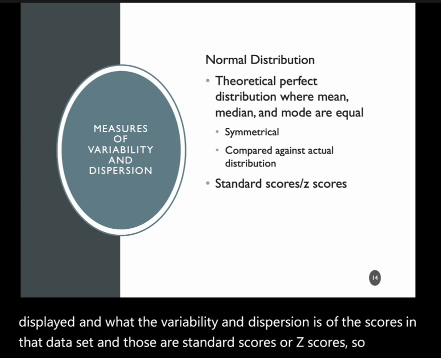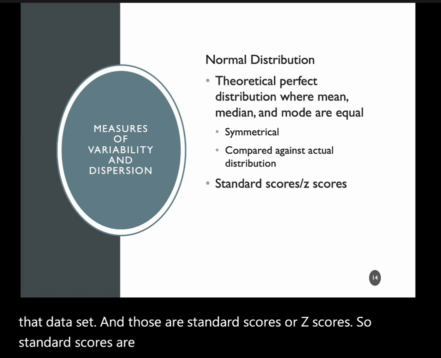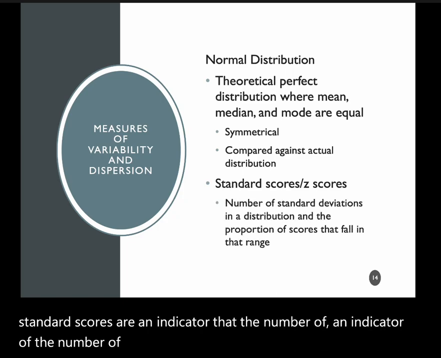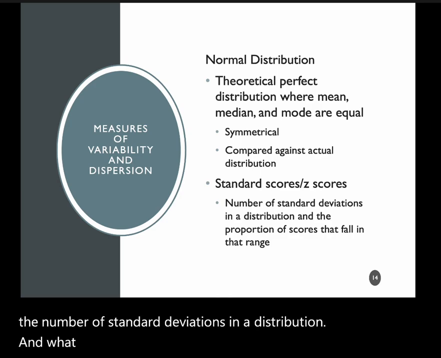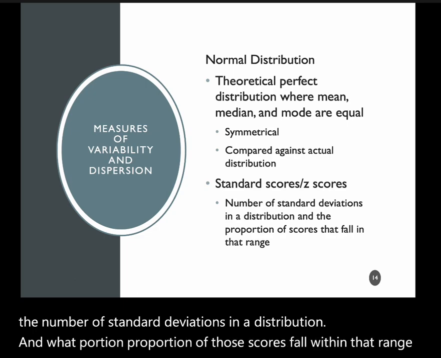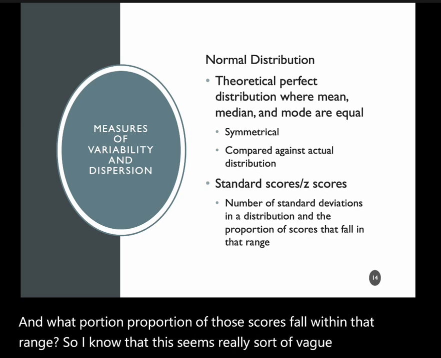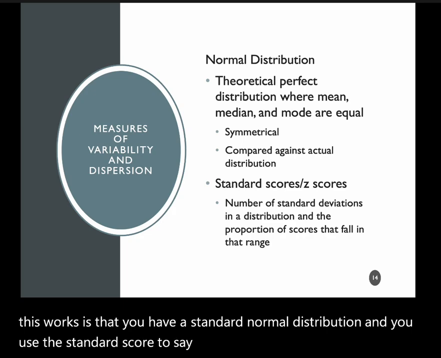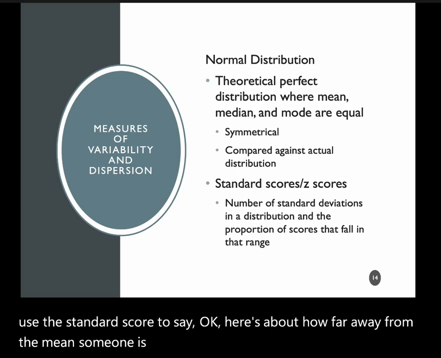So standard scores are an indicator of the number of standard deviations in a distribution and what proportion of those scores fall within that range. I know that this seems really vague, but the way that this works is that you have a standard normal distribution and you use a standard score to say, okay, here's about how far away from the mean someone is based on a standard score.